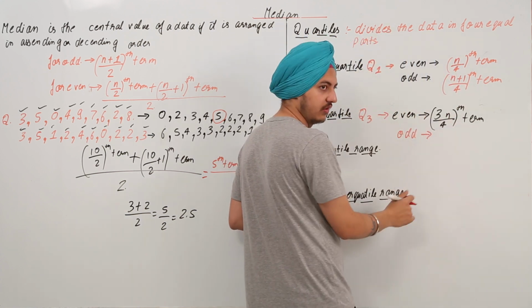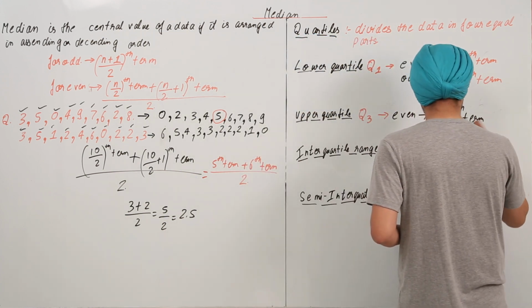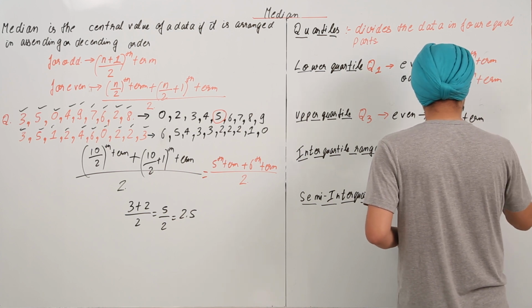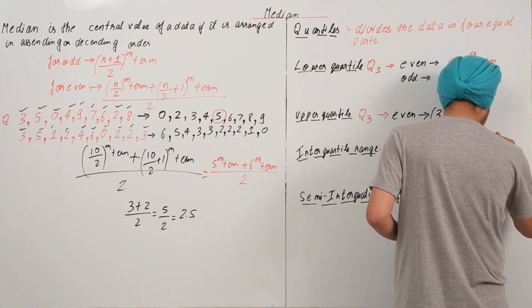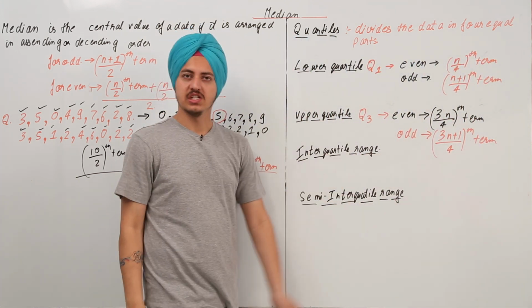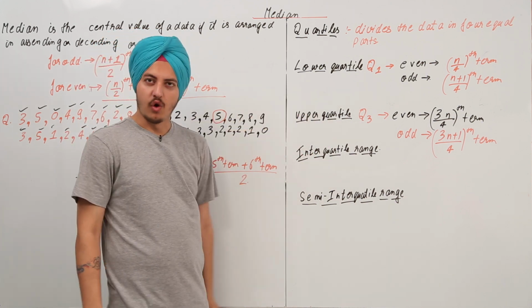If you're looking over there, look here and tell me what would this be. This would be the 3 into n plus 1 divided by 4th term, right? So this is the upper and the lower quartile for even and odd numbers.